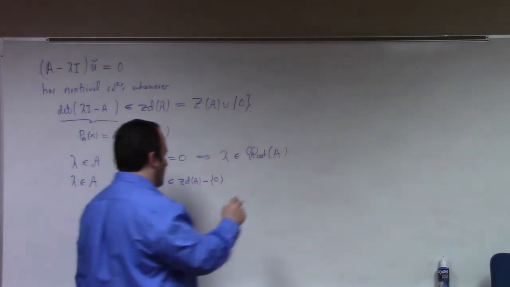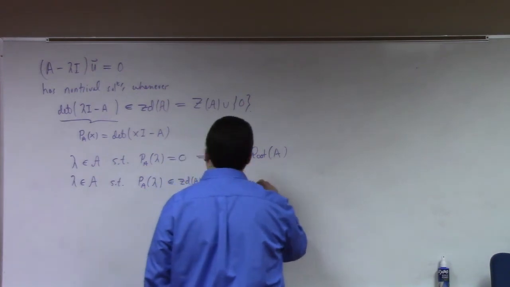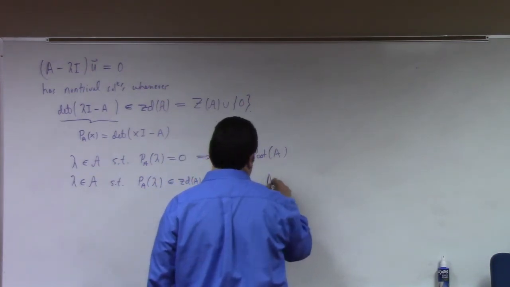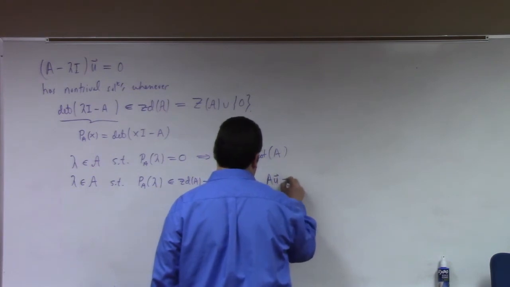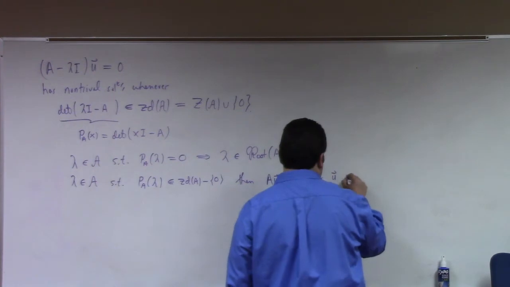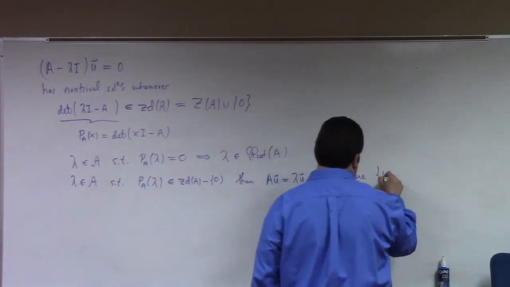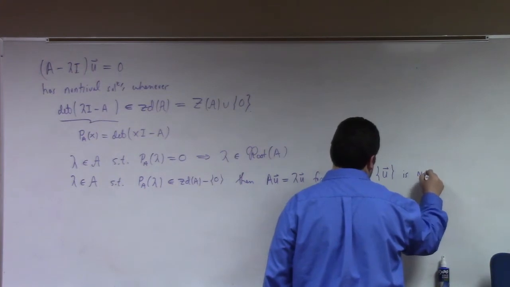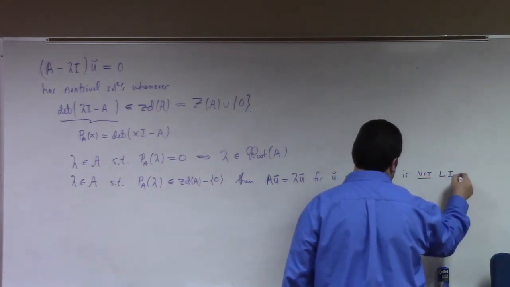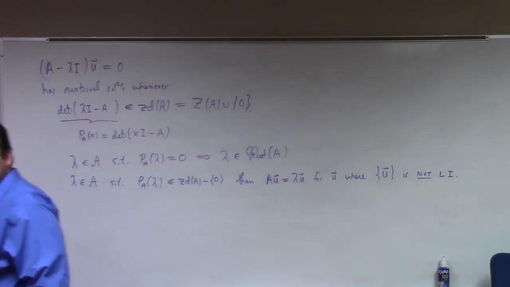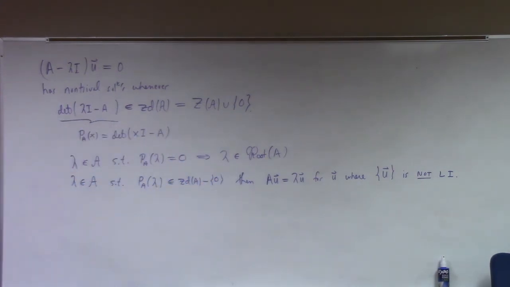Then AU is equal to lambda U for some U where U is not linearly independent. Actually, I'm not sure that that's actually true. I just keep seeing it. It's true in examples I look at.